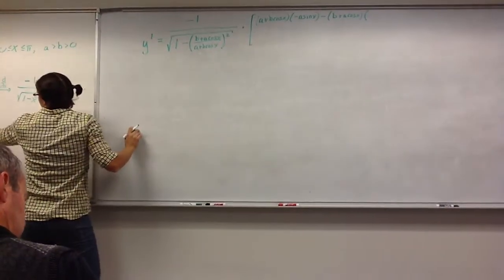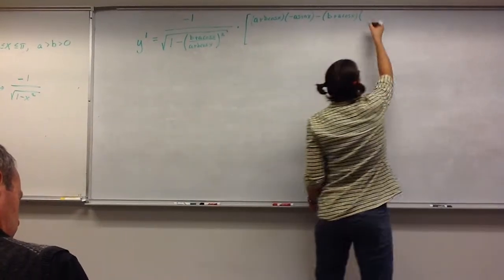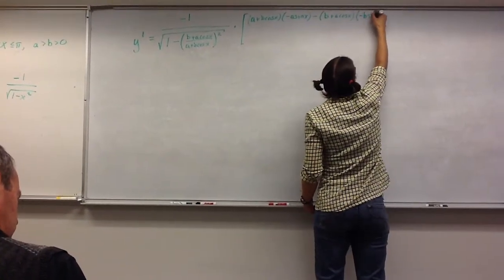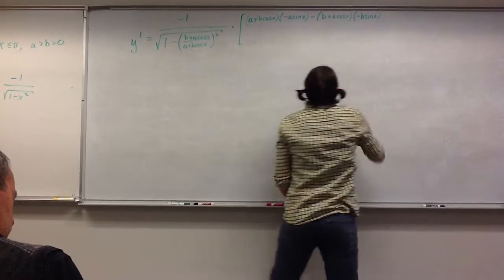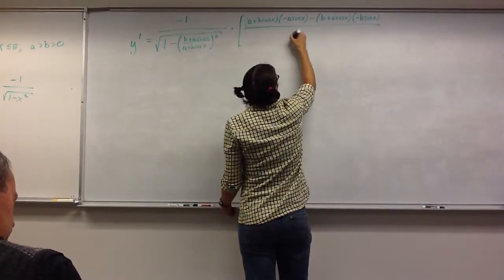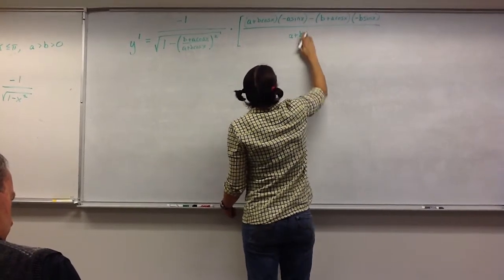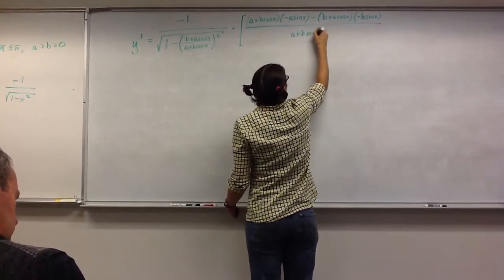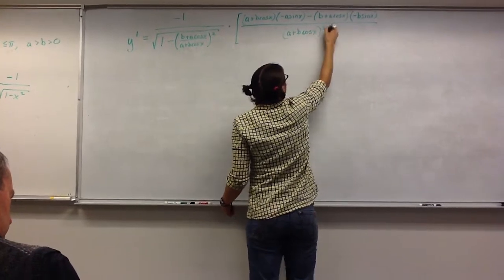The derivative of a is 0, and the derivative of b cosine x is negative b sine x, low d high minus high d low, draw the line, and square below, a plus b cosine x, squared.